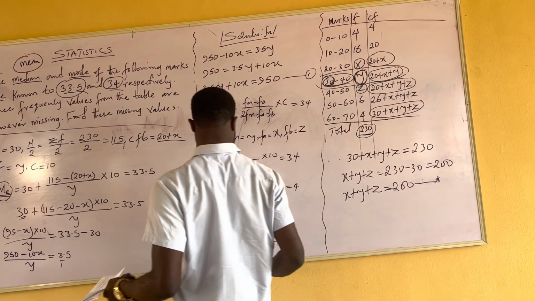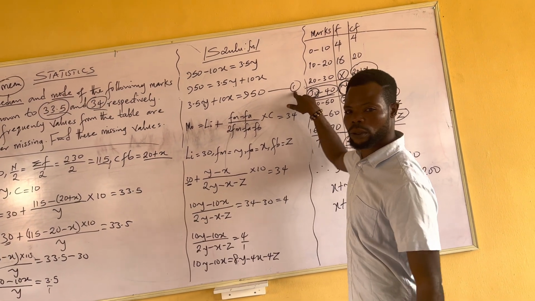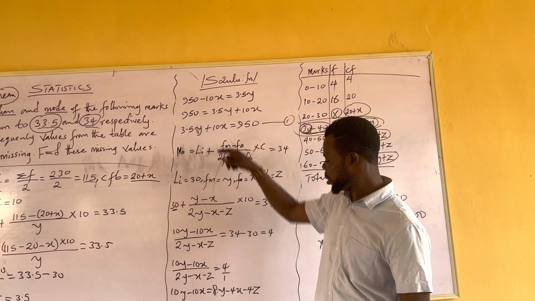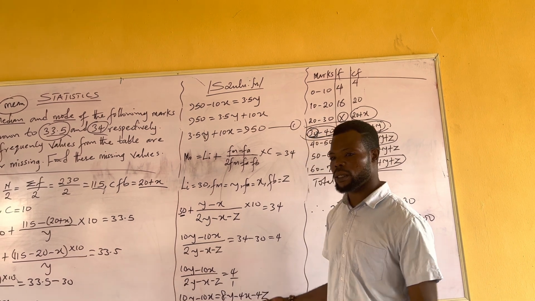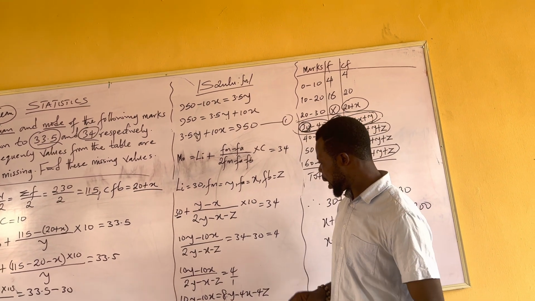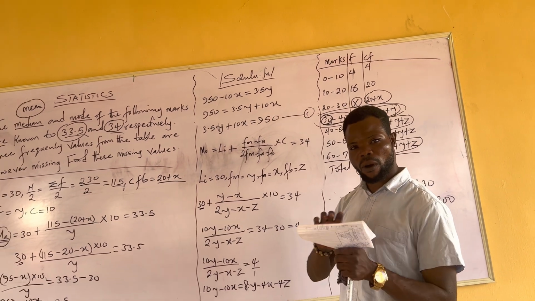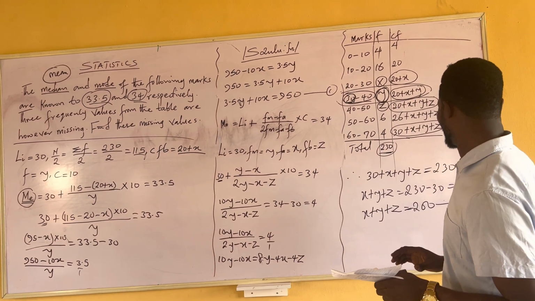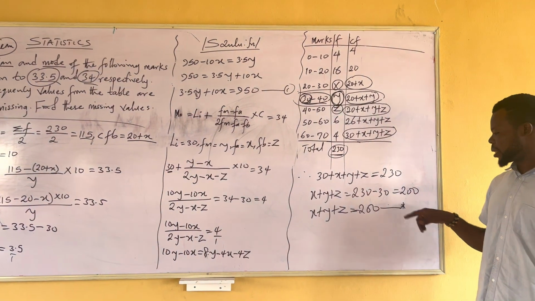Now, if you look at equation 1, we only have x and y as variables. But here we are having x, y, and z. So I want to find a way to eliminate z so that it will remain only x and y. And how do we do that? We are going to go back to this equation, the asterisk.